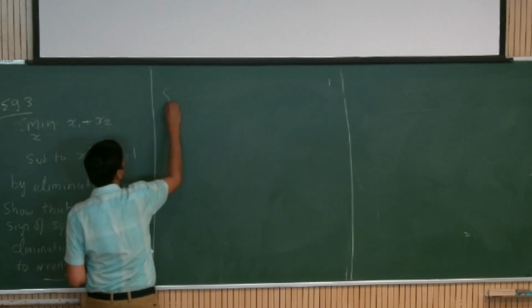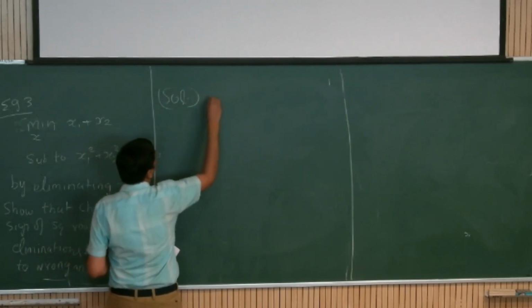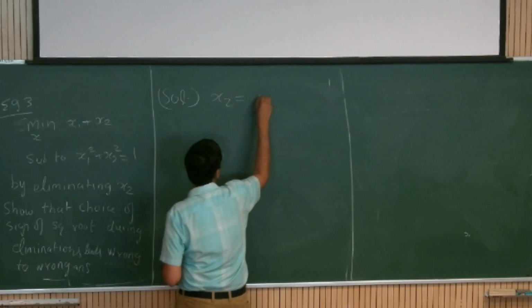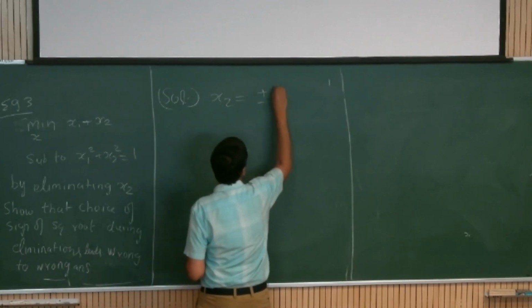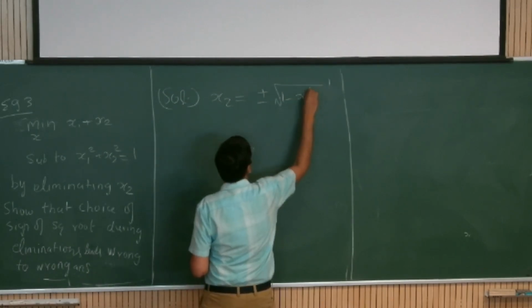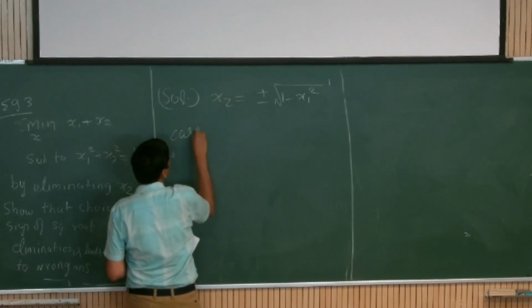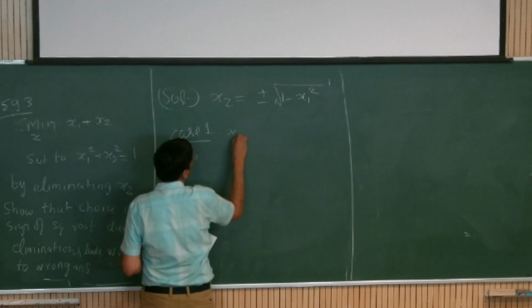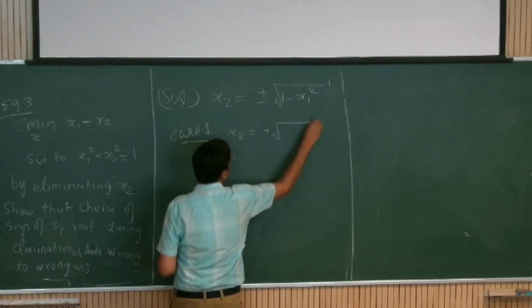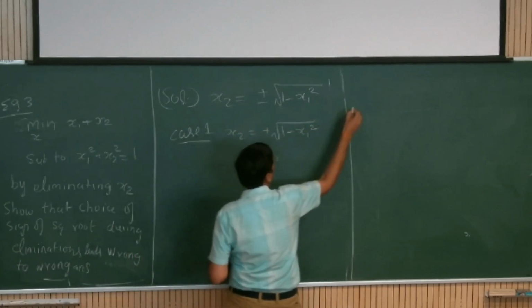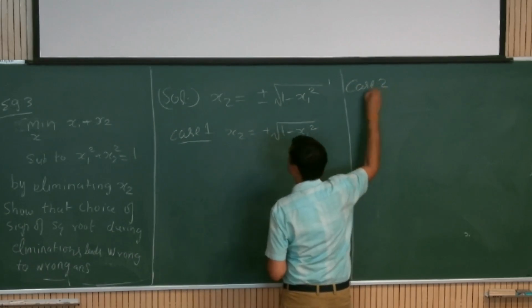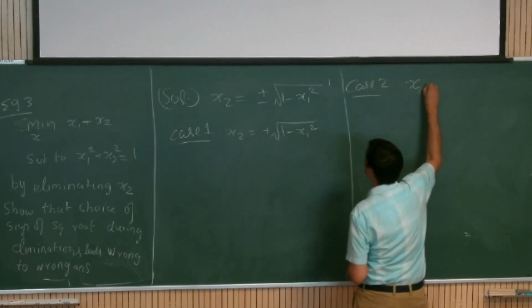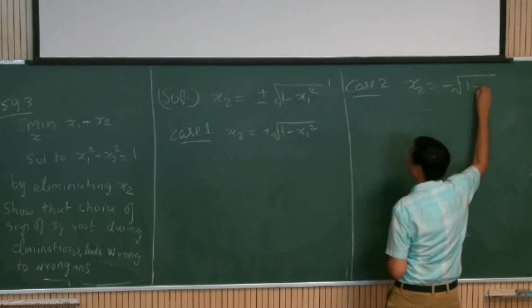So the solution says if I put x2 is equal to plus or minus square root of 1 minus x1 square, I'll do case 1 when x2 is positive square root of 1 minus x1 square, and case 2 when x2 is equal to minus square root of 1 minus x1 square.